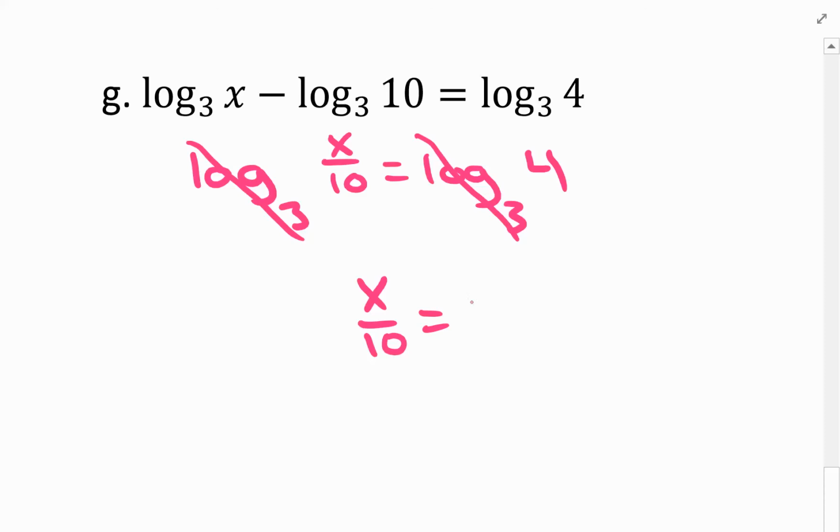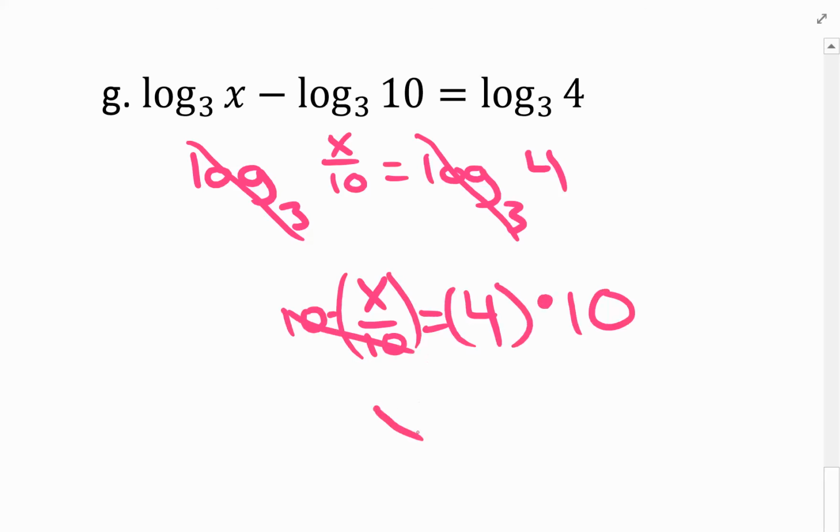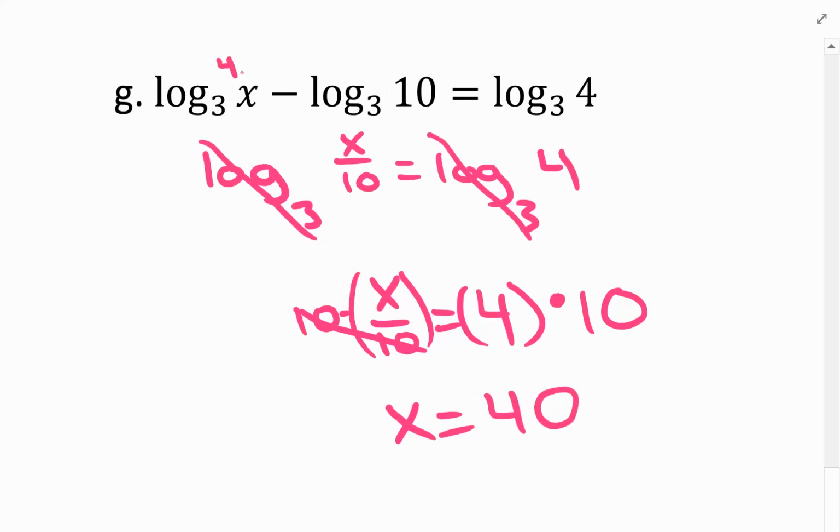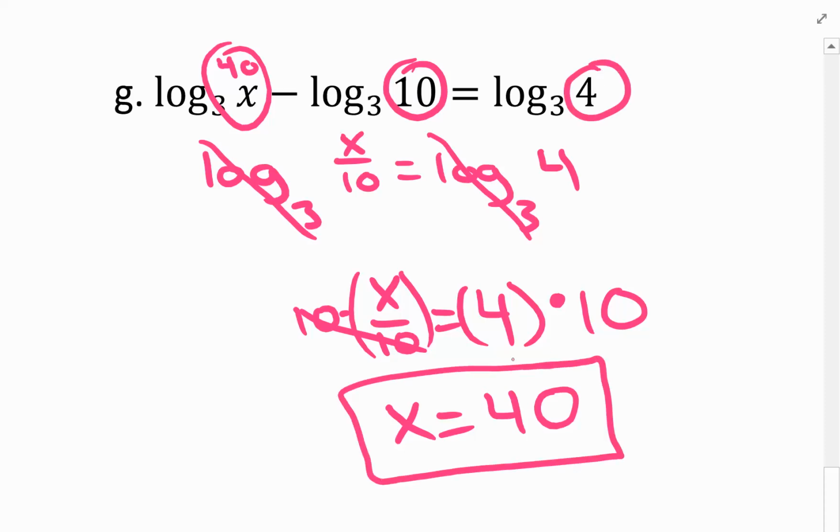That makes everything faster, I think. Now we just have to get x by itself. How do I stop x from dividing by 10? Multiply by the reciprocal, 10. So we get x equals 40. Double check. What are we taking the log of? We're taking the log of 40 and 10 and 4, and all of those are positive. Done.